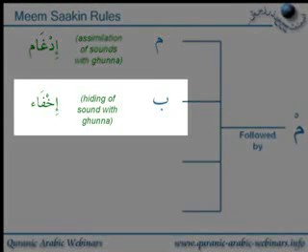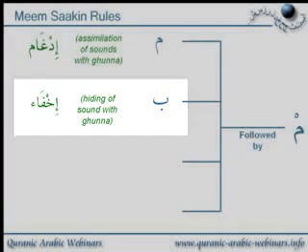If the mim sakin is followed by the letter ba, then we are going to do ikhfa, which means hiding of the sound, again with ghunna.